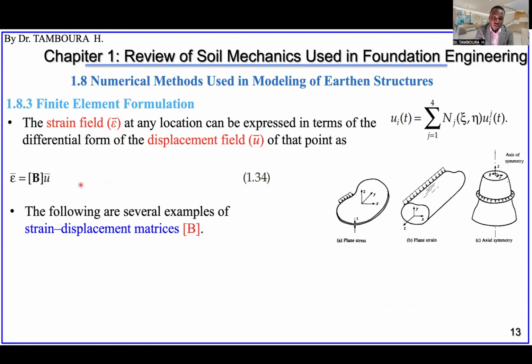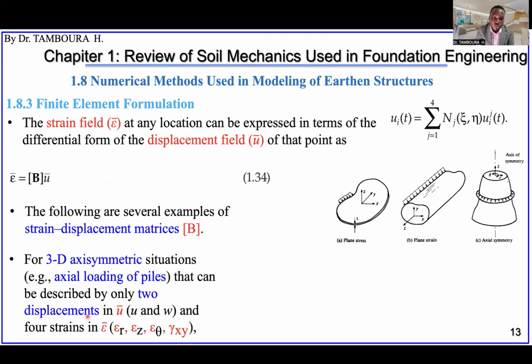Right now we are going for 3D axisymmetric. I gave you an example here, the axial loading of a pile. If you are doing axial loading of a pile, you will be exactly in this situation. Okay, a 3D axisymmetric situation. That can be described by only two displacements, the U and W displacement.